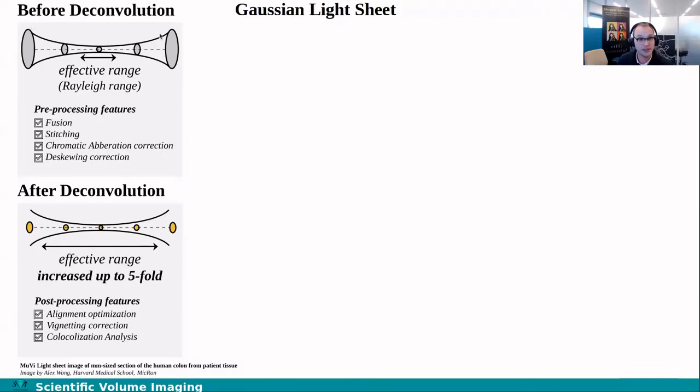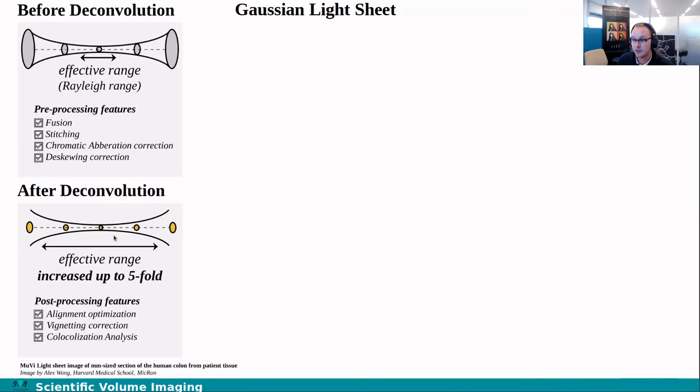You also have scattering to make things more complex. So this gives you an effective range, related to the Rayleigh range, over which your resolution is good. What deconvolution does for the Gaussian type is it is very good at increasing the Z resolution over the whole Rayleigh range.